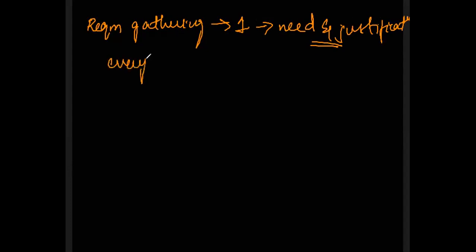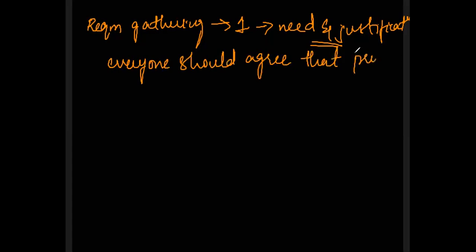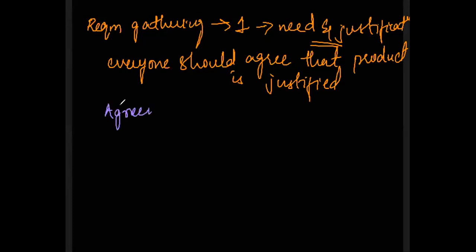That is, everyone should agree that the product is justified. Now as everyone has agreed that the product is justified, you're going to make an agreement. That is, the project is justified.